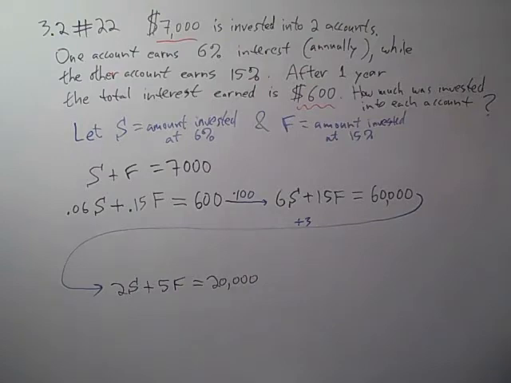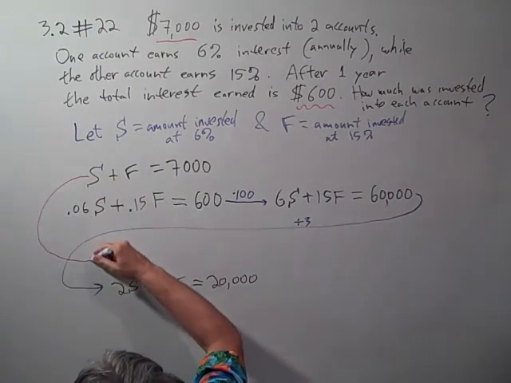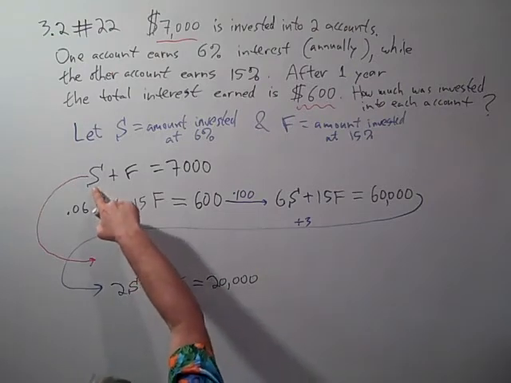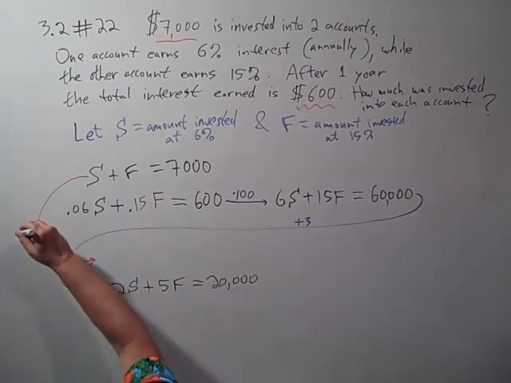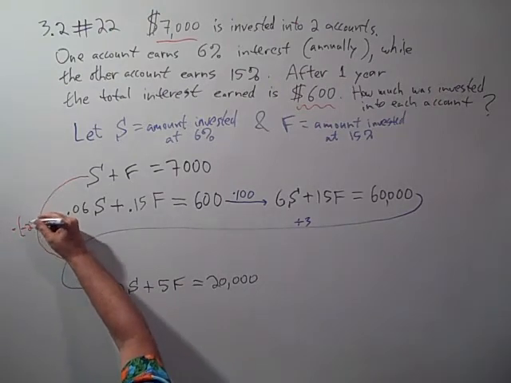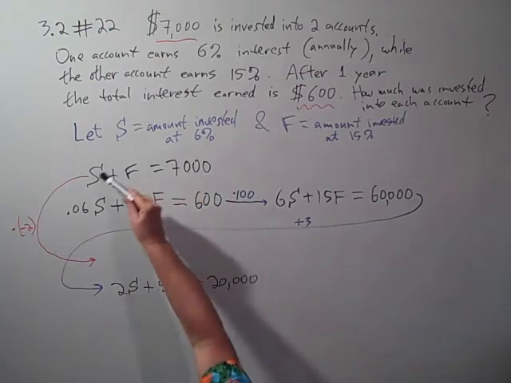Now, look at the very first equation we had, and what can we multiply in order to eliminate a variable most easily? It looks like if we multiply times -2, we get -2S and a positive 2S. So let's multiply every term in the first equation by -2.